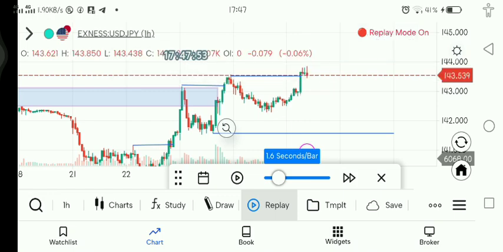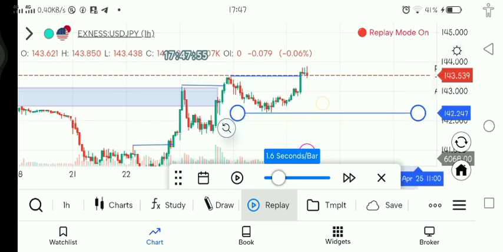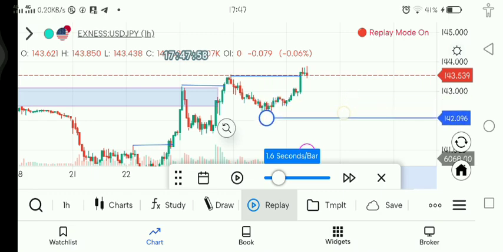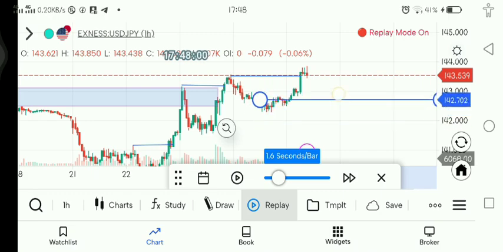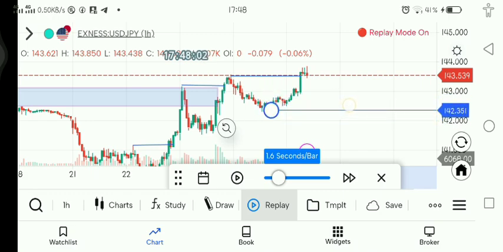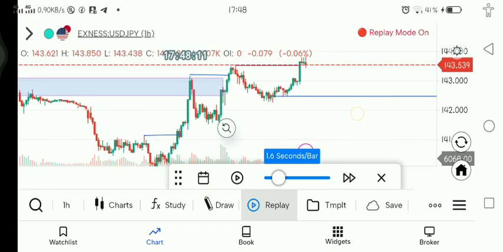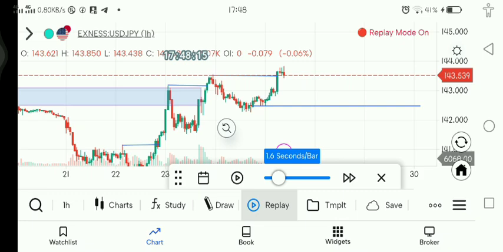This means we shift our inducement from here to this part right here. So right now we can see this is the valid pullback that took place, which is exactly at this point. Understand? So remember, we don't rush into these things, we remain patient. Okay, the break of structure, then our inducement point is right there.